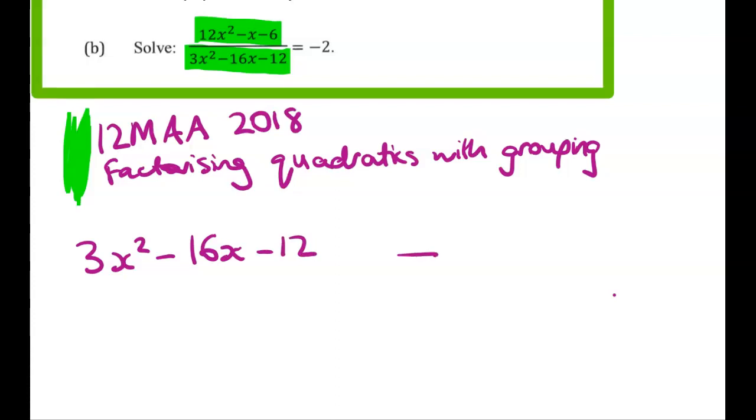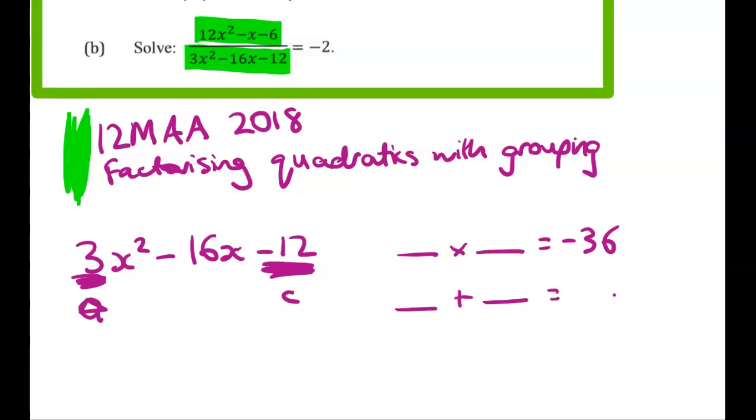Right, so I need two numbers that multiply to give me negative 36. That's coming from A times C. Just turn off my ink to shape thing. Okay, A and C. And we need two numbers that add to give me negative 16. One way to think about this is that when we're thinking of pairs, we just think of the positive numbers.